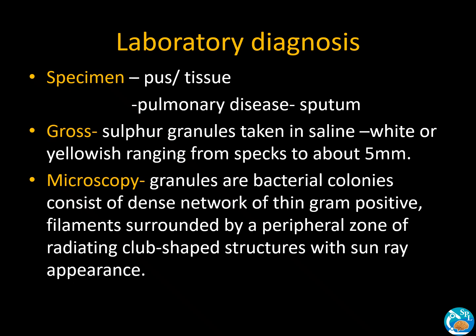Now, these granules are bacterial colonies and consist of a dense network of thin gram-positive filaments surrounded by a peripheral zone of radiating club-shaped structures with a ray appearance, hence the name ray fungus.